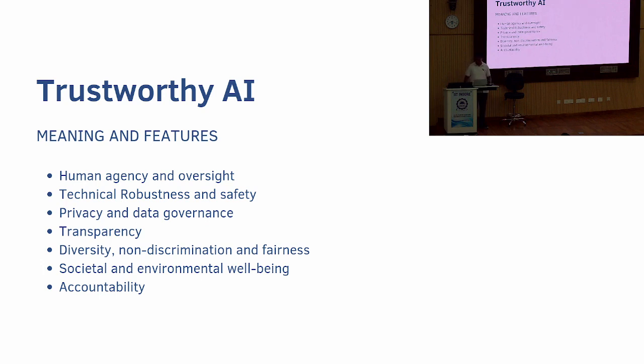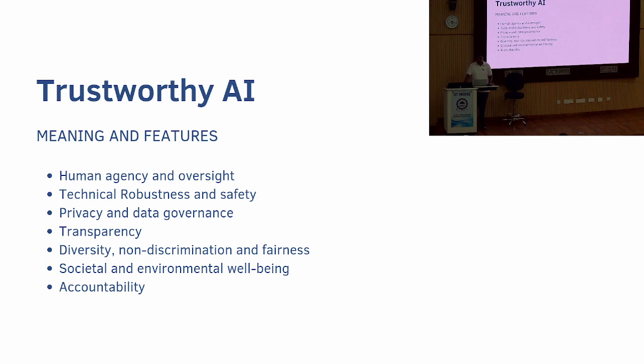Besides ensuring full respect for privacy and data protection, adequate data governance mechanisms and legitimized access to data have to be ensured. The data, system, and AI business model should be transparent and traceable. Moreover, AI systems and their decisions should be explained in a manner adapted to the stakeholder concerned.